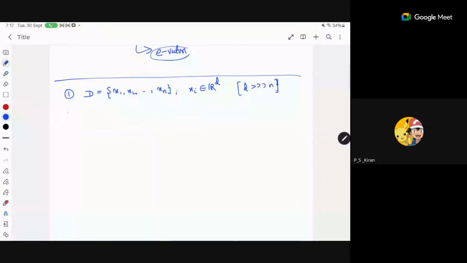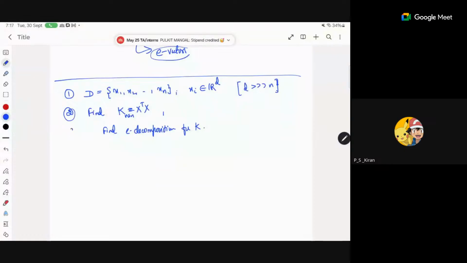Then what we will do is we find this matrix K, which is X transpose X, and this K will belong to n cross n. You find the eigen decomposition for K.